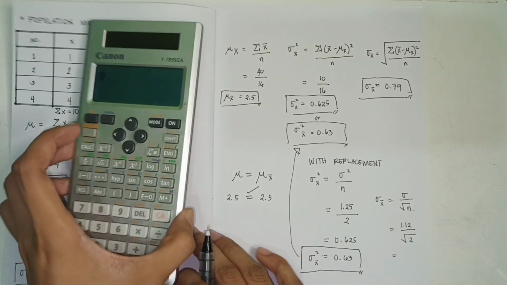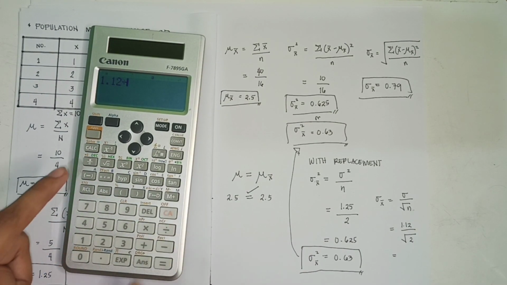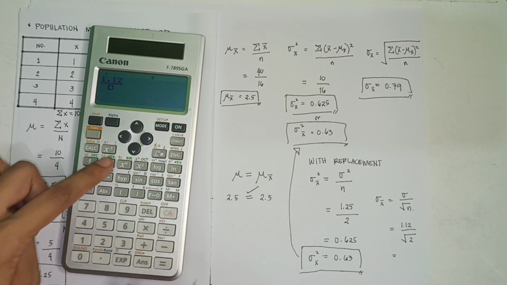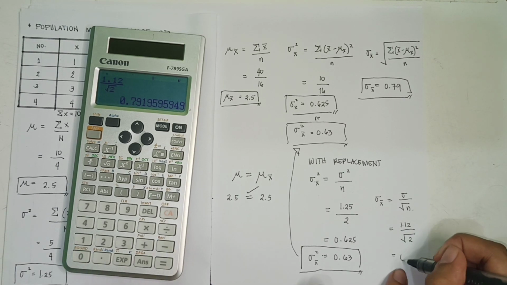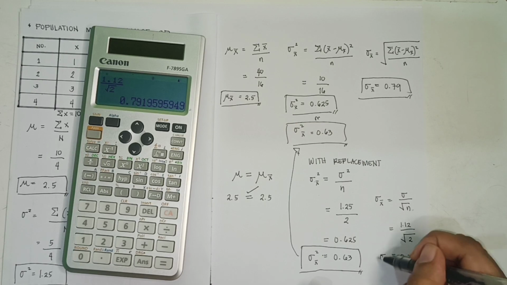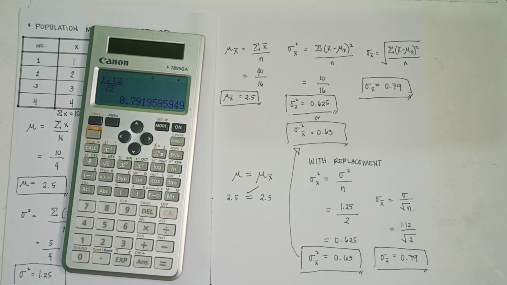So now, 1.12 over the square root of 2 is equal to 0.79. Round off your final answer into 2 decimal places, and this is equal to 0.79. Okay, which is nagtugma din po.